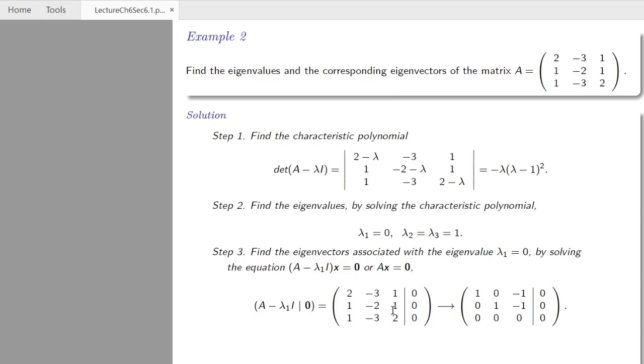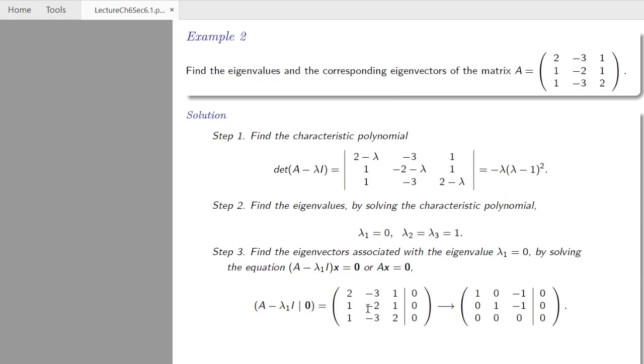And then do the same thing with the third row minus the first row, and we will get negative 3 and 3 here. Then divide the third row by negative 3, we get negative 1, 1.